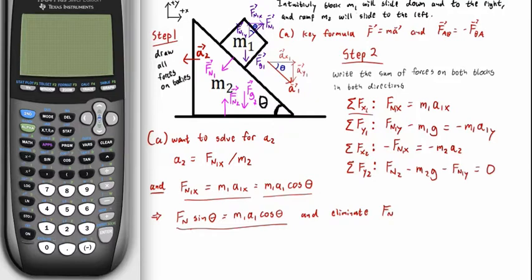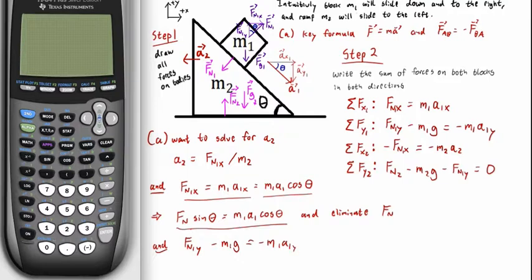To do that, I'm going to look up here, not at the sum of forces on block 1 in the X direction, but instead in the Y direction. Okay, so from there we have Fn1y minus m1g equals negative m1 a1y.